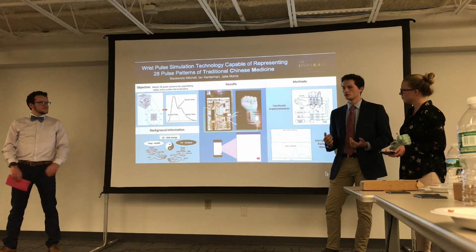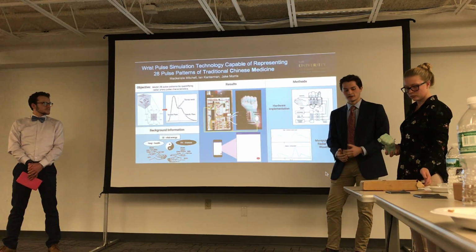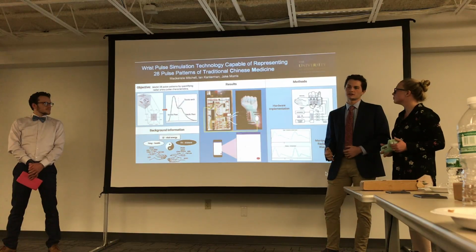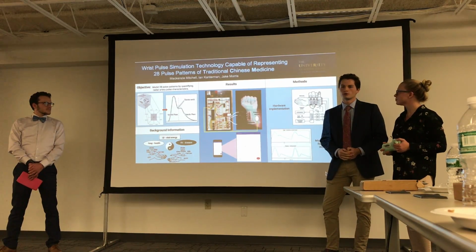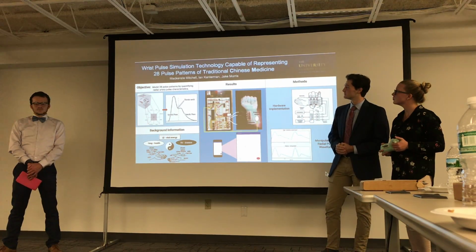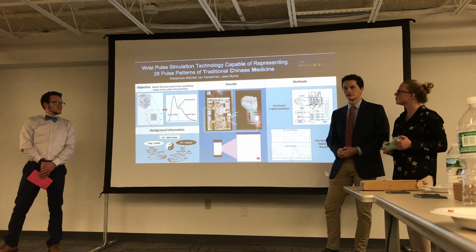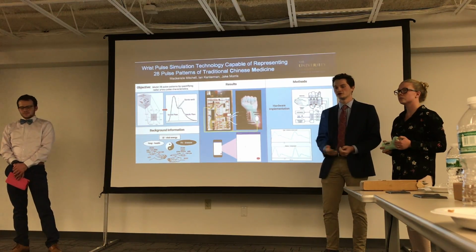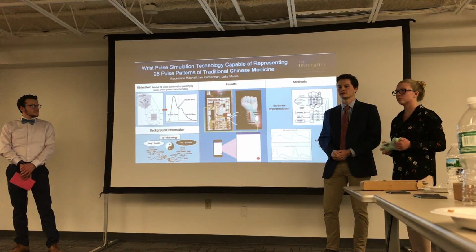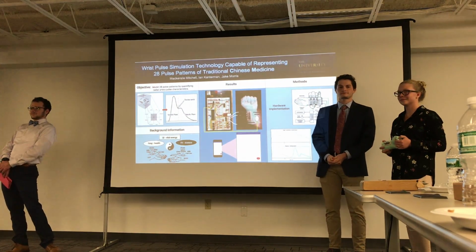If we are able to successfully implement these 8 characteristics, we are hoping to be able to achieve all 28 pulse patterns of traditional Chinese medicine. With the successful implementation of this project, we hope to create a new platform for traditional Chinese medicine pulse diagnosis. Thank you. Any questions?